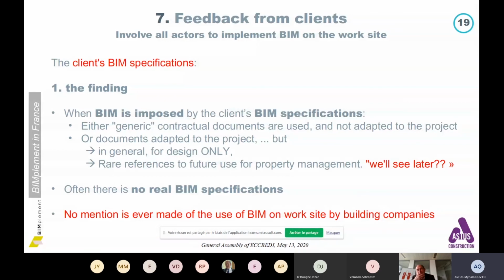Also, unfortunately, very often there is no real BIM specification. And when there's a BIM model, it's just because the project manager decided to make a BIM model because it's easier for him to do the job.